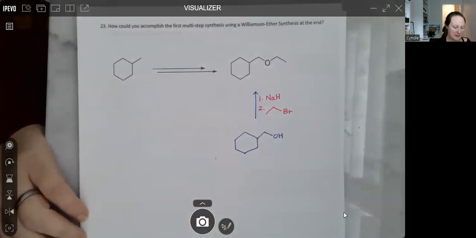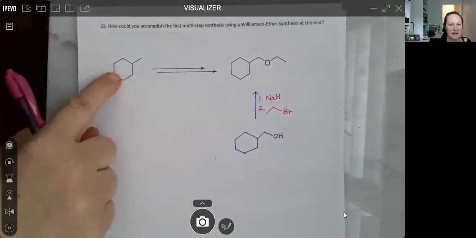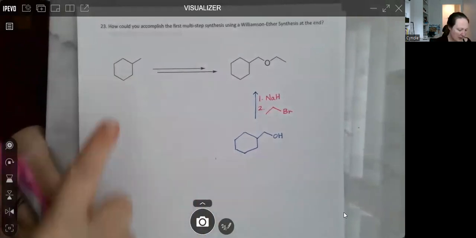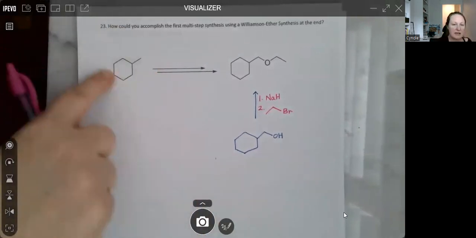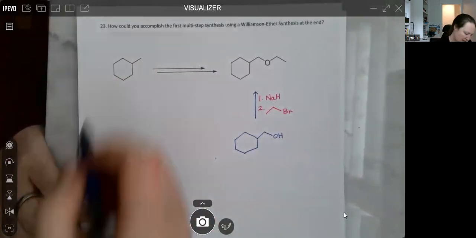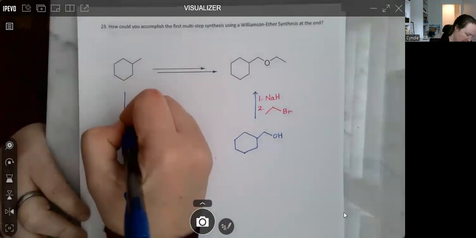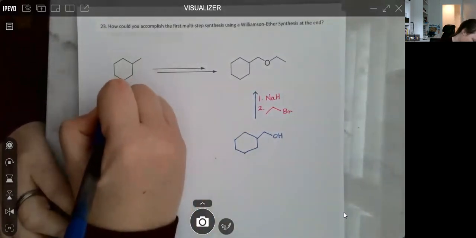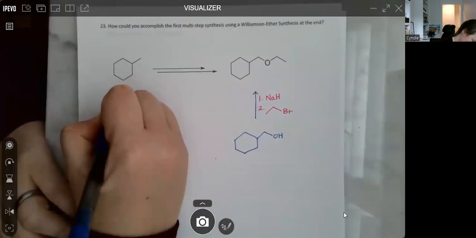So then really it becomes a question of how do I get from this alkane to this alcohol? Well, remember that when you're dealing with an alkane, there's only one reaction you can do. So that really narrows it down. You have to do radical halogenation.